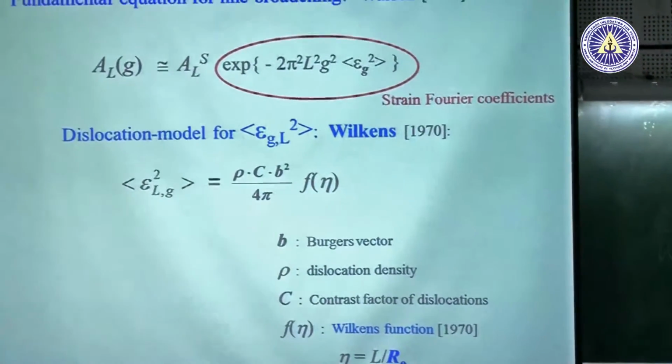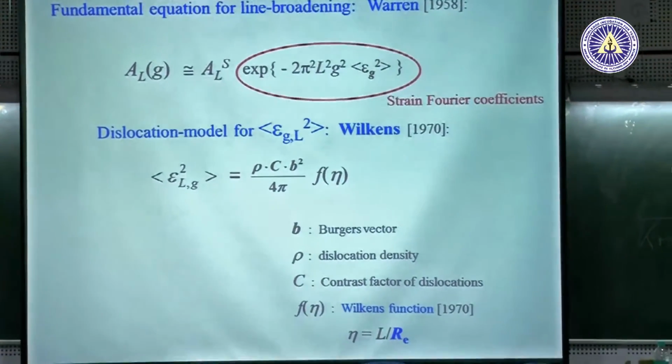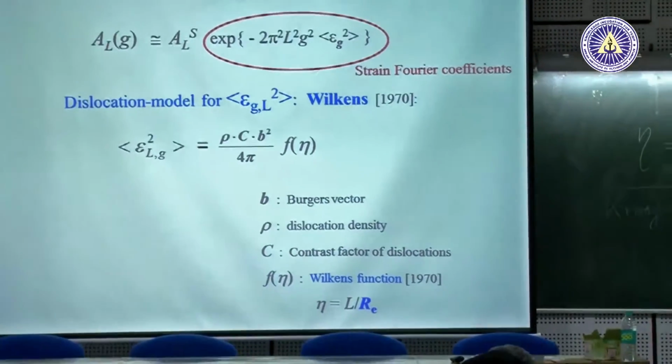Now, there is a problem with that. If you have a constant dislocation density, and you start increasing the crystal size, what will happen to this logarithmic term?